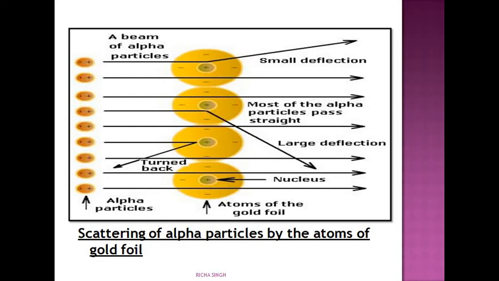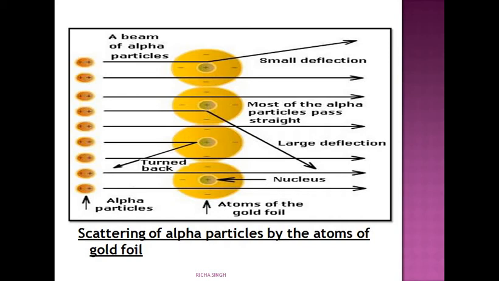A few of them deflected at some angles, you can say 90 degrees or more than that, after passing through. You can see here some of them are showing the deflection. And one more thing he observed, that very few turned back to their original path. You can see in the picture, it's hardly one of the alpha particles which is turning back to its original path.